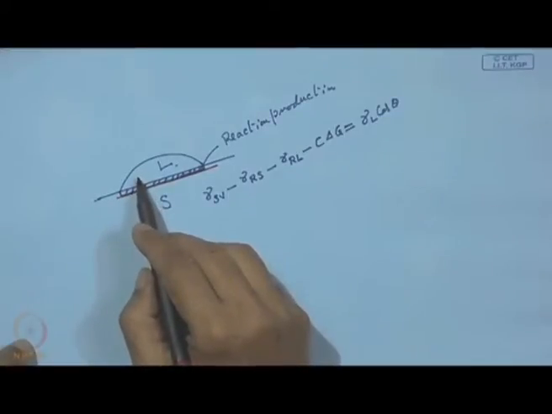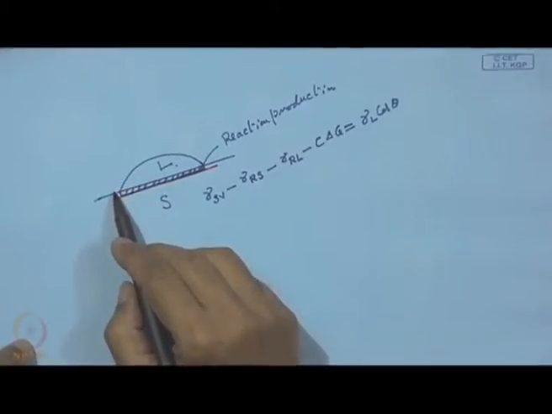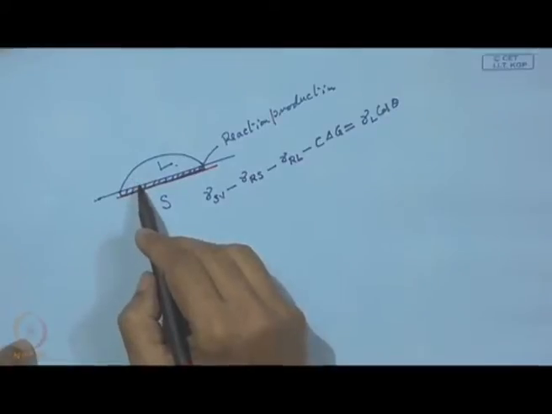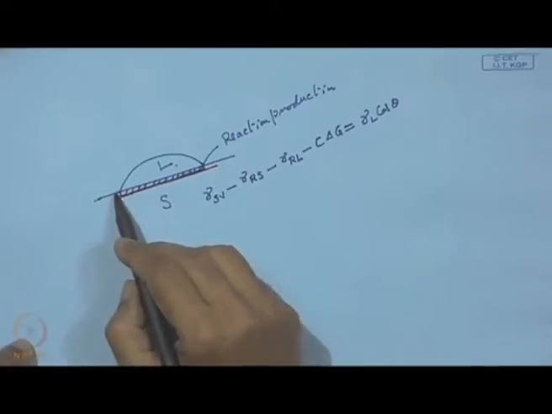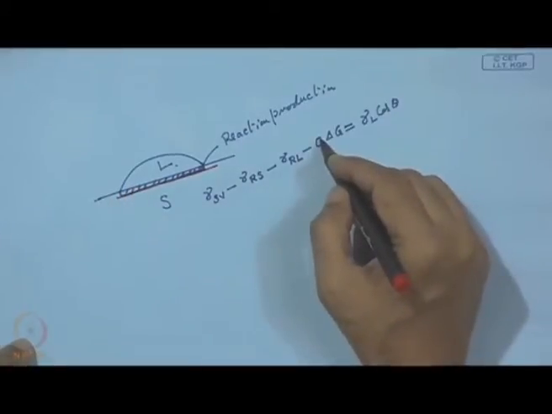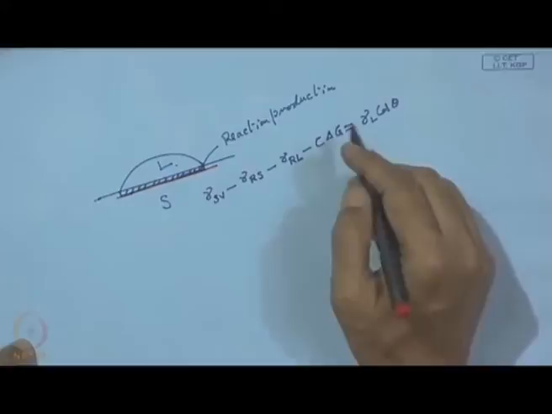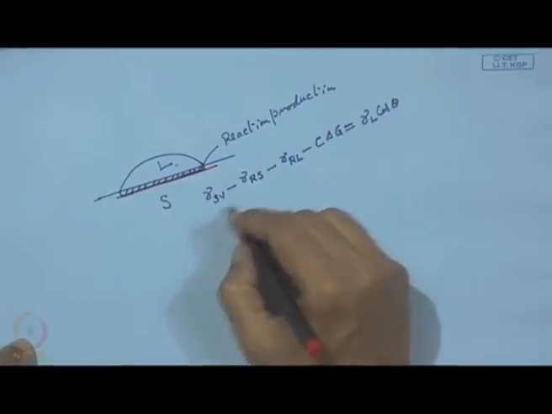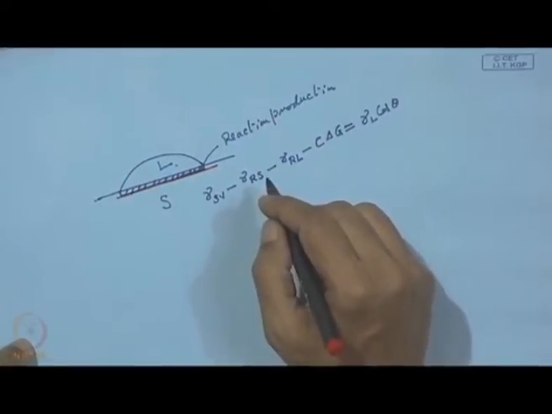That means this liquid drop will keep on advancing and the value of theta will change. So, per unit advancement, this mole fraction of the reaction product is actually taken care of by this coefficient C. So, this is the modified version of Young's equation.